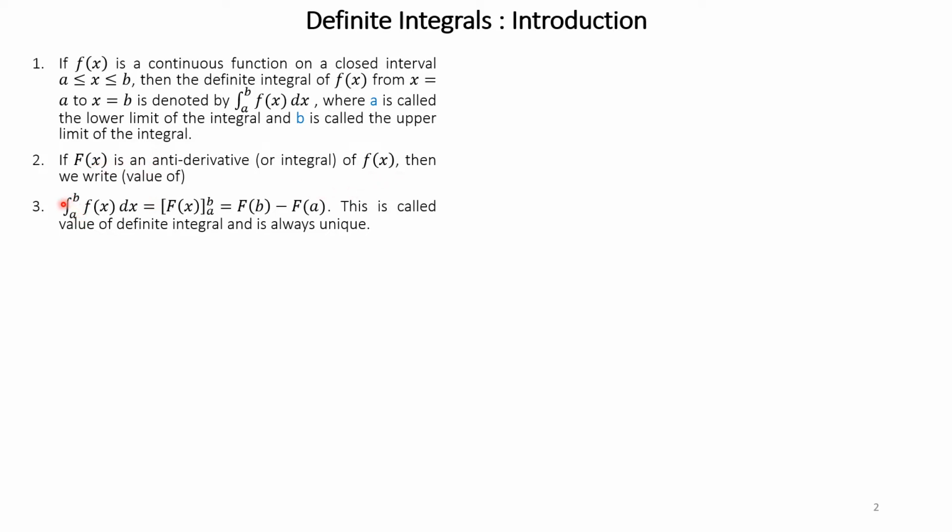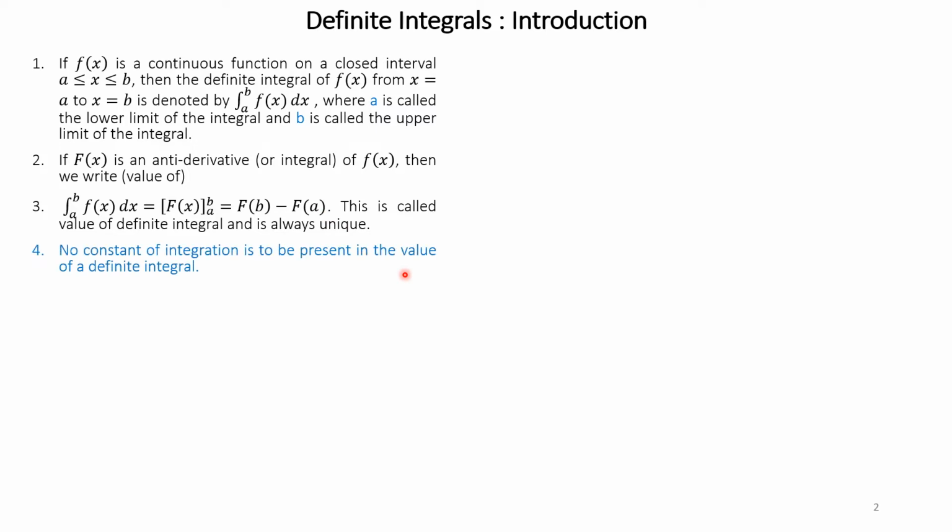Then point number 3: the integral from a to b of f(x) dx is equal to the value of F at x equals b minus the value of F at x equals a. This is called the value of the definite integral and is always unique. So capital F(x) from a to b equals F at b minus F at x equals a.